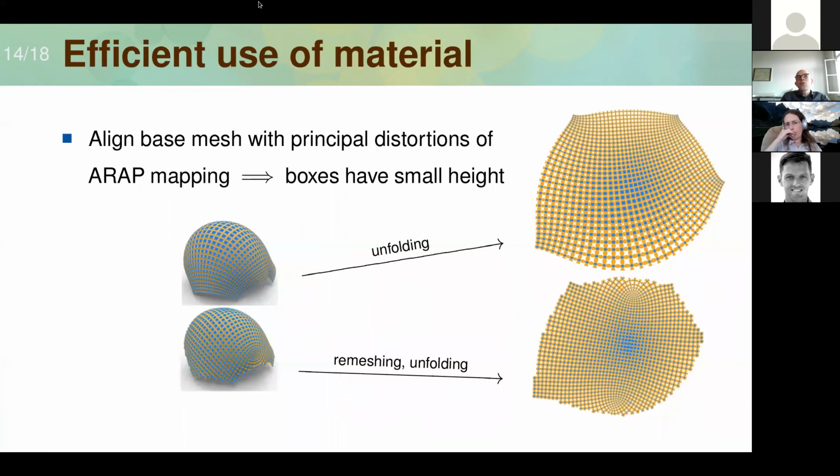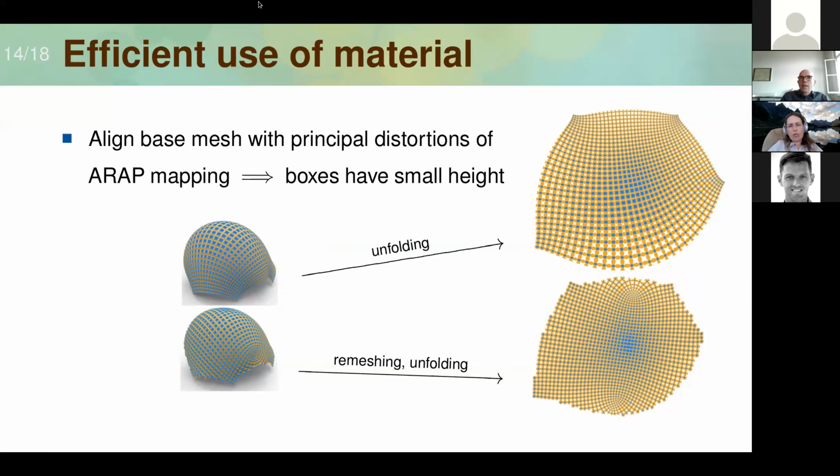Let's go back to examples. We were also thinking of what is called here efficient use of material, how to make holes in the two-dimensional pattern small, or how to make the boxes that compose the Kirigami structures of small height.